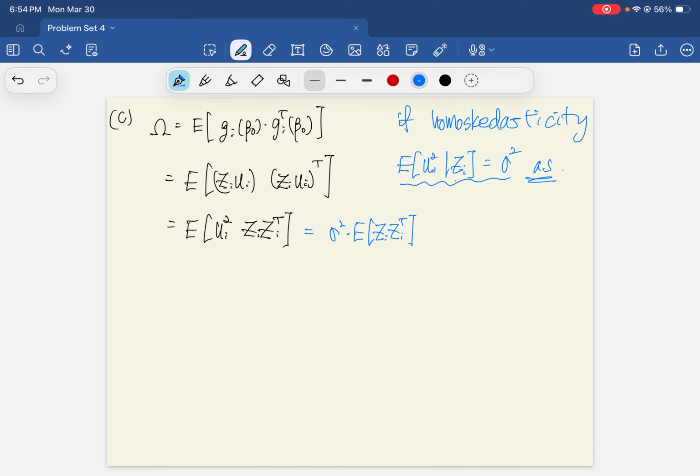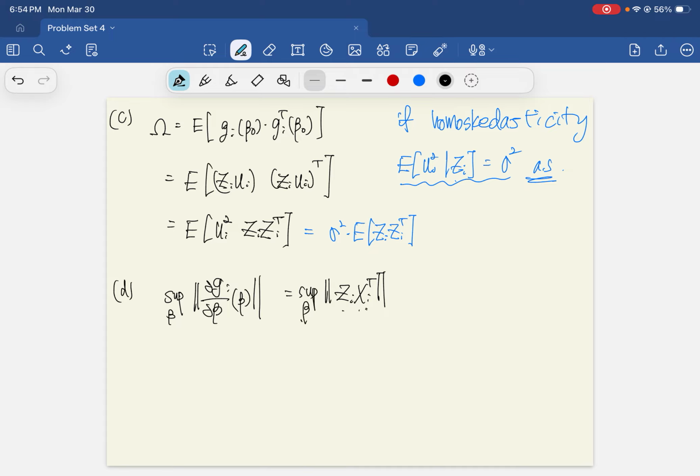And this is C, and part D is super simple. The supremum over beta of this is pretty simple, because this guy does not depend on beta.